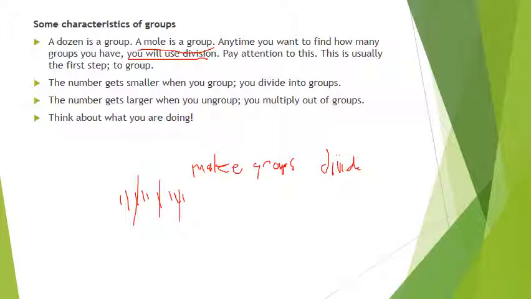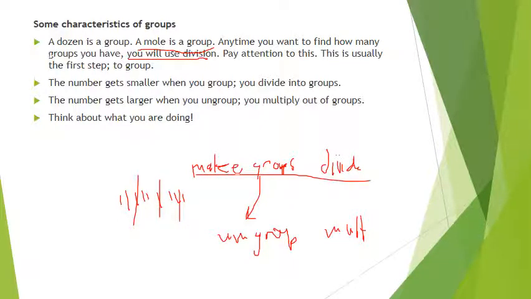Now if you go the other way to ungroup, so if you want to ungroup your groups, you're going to multiply. You're going to empty things out of groups. So when you group things, your numbers always get smaller, and when you ungroup, the numbers will get larger.